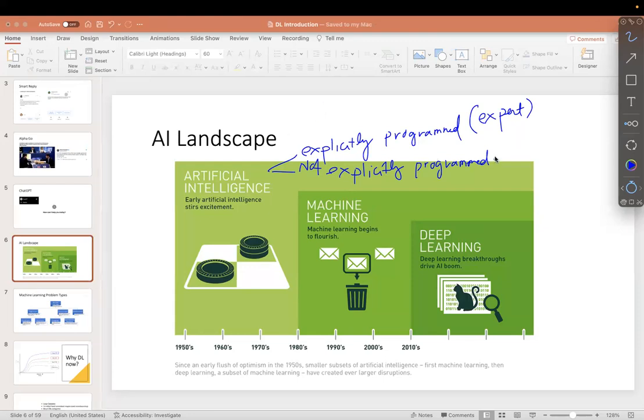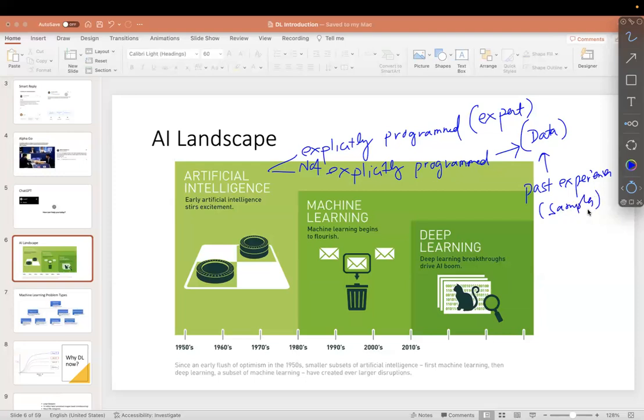So people started moving to something called not explicitly programmed systems, which are primarily automatically learning from the data. What is data, by the way? Data is nothing but your past experiences, right? Your past experiences, which are nothing but your samples.